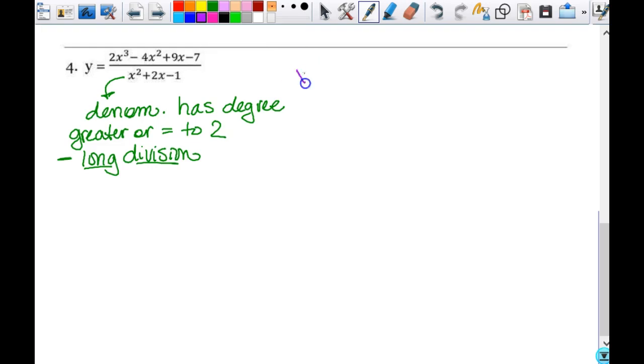This is going to give me x squared plus 2x minus 1. Divide that into 2x cubed minus 4x squared plus 9x minus 7. So how many times does x squared go into 2x cubed? 2x times, right?